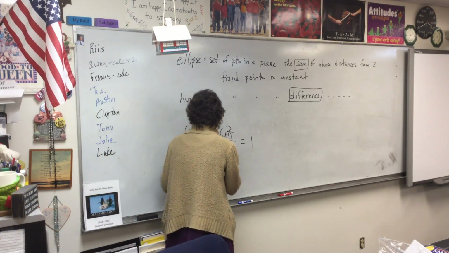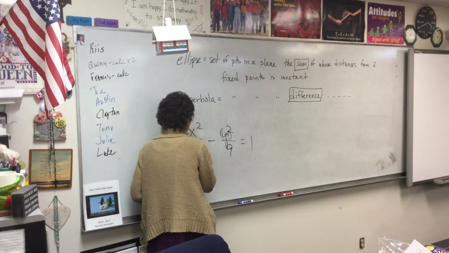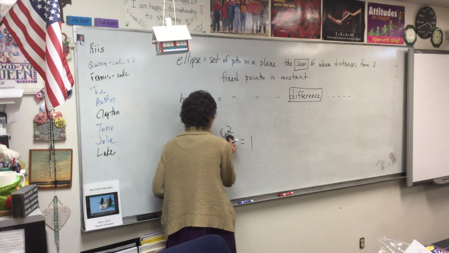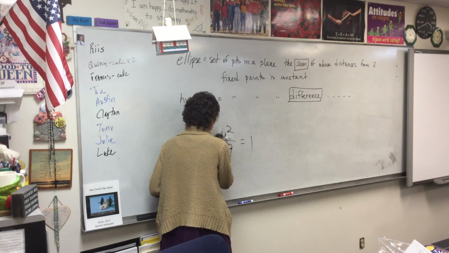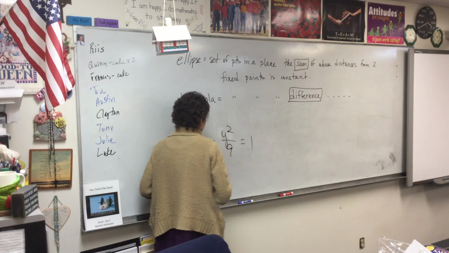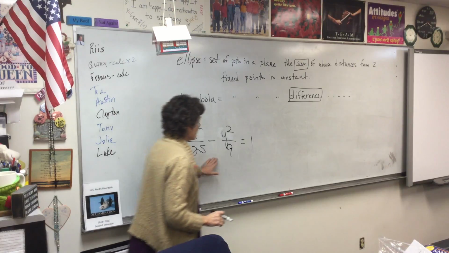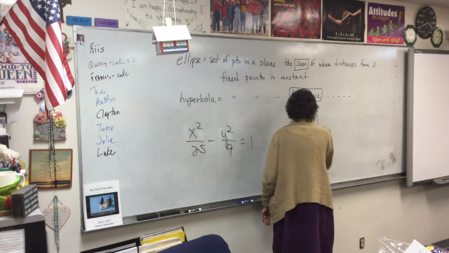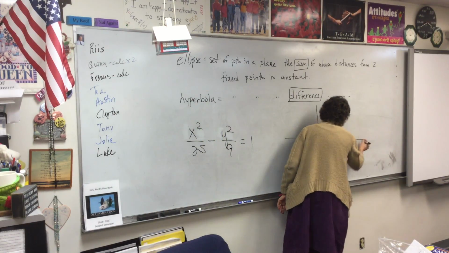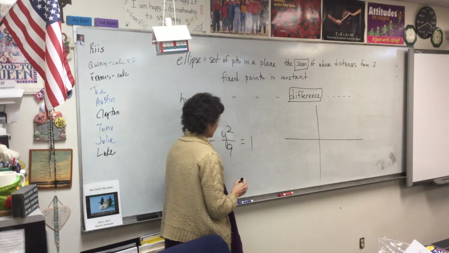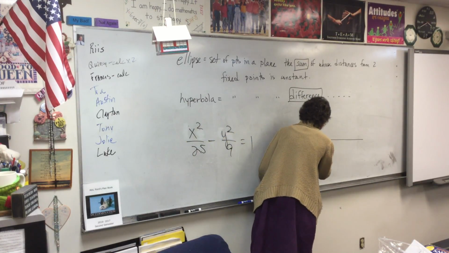Let's do this real simple little hyperbola here. Let's get the basics down before we start doing all the completing the square and all that stuff. Guess what the center of that guy is? 0, 0. So he's centered right here at the origin.